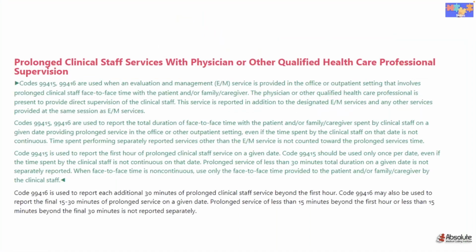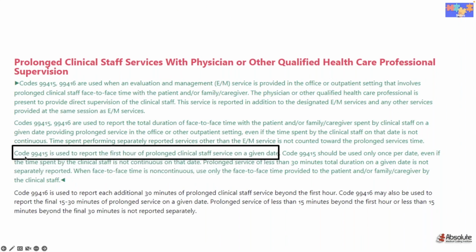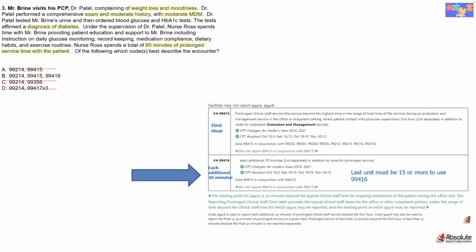And if we go to the guideline, it says code 99415 to report the first hour of prolonged clinical staff time on a given date. We use that chart to determine what the prolonged time is, and we're already given the time. So it's going to be that simple.